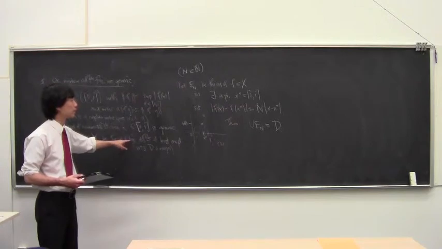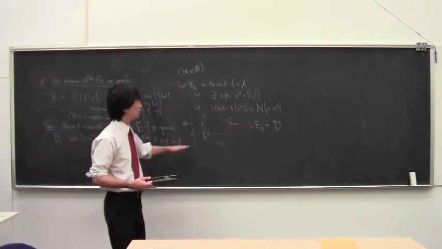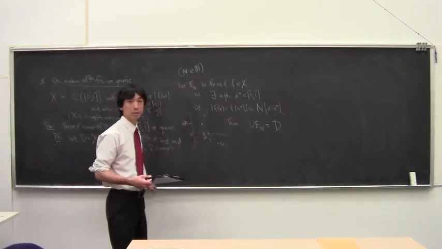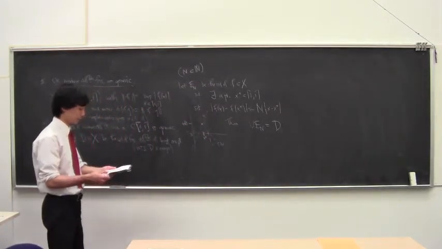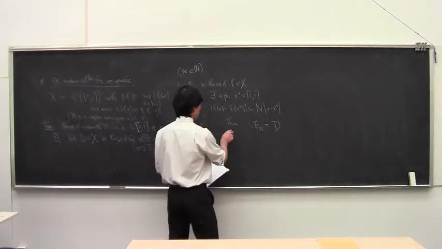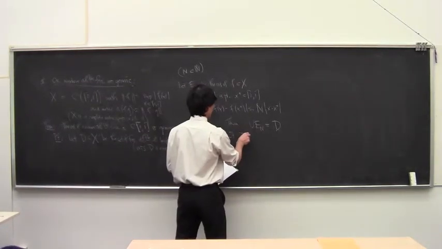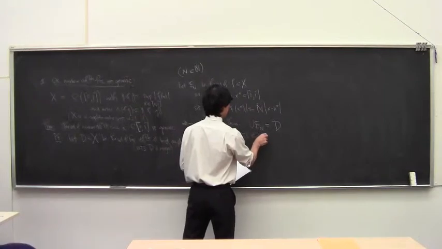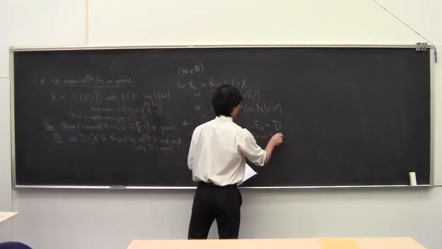You take x star to be that point of differentiability, and so it suffices to show that each E_n is nowhere dense.